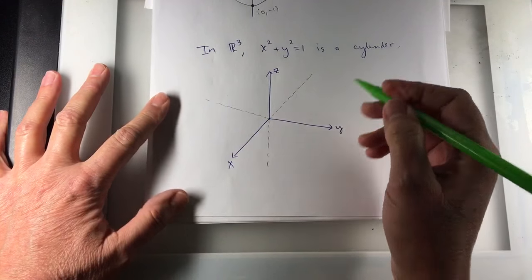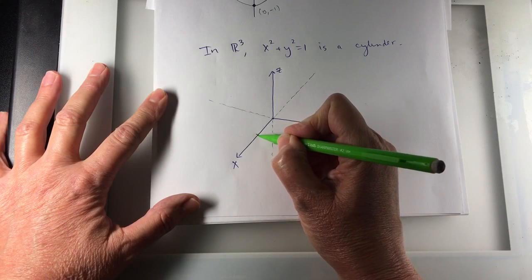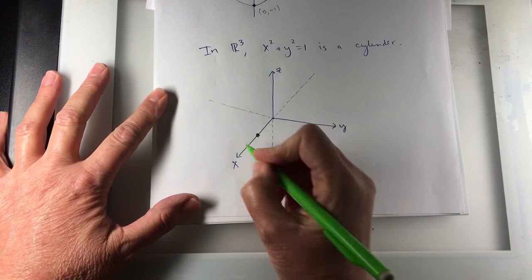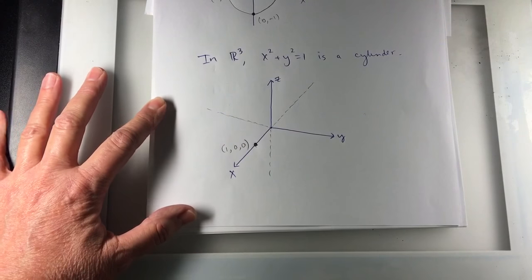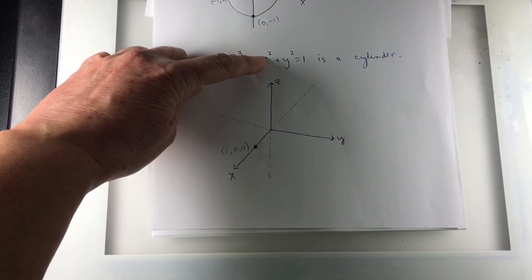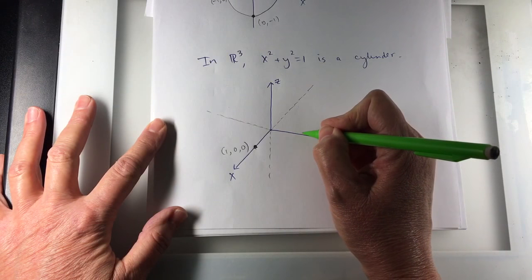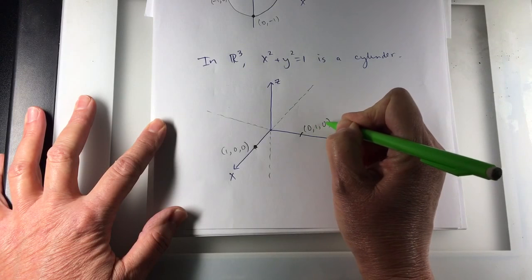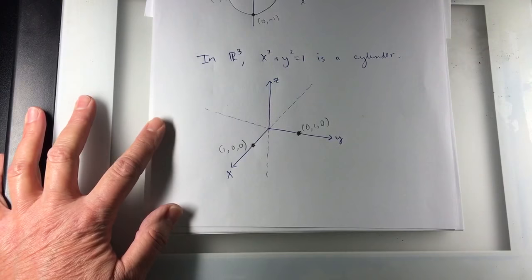And I'm going to graph or plot some points like 1, 0, 0 is on this cylinder because that satisfies this equation. 0, 1, 0, so that's on the y-axis.